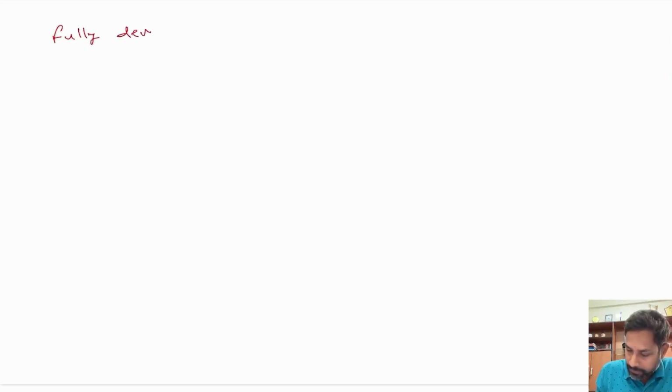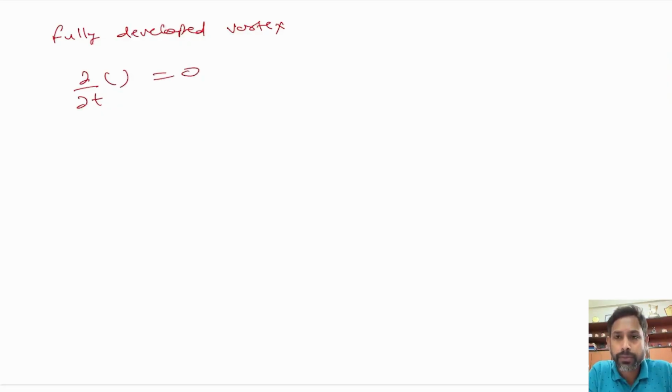So here again we will assume that this is a fully developed vortex, so we are not considering the transient effect. We will assume that nothing is changing in time, so d by dt term will be 0, so nothing is changing with respect to time.